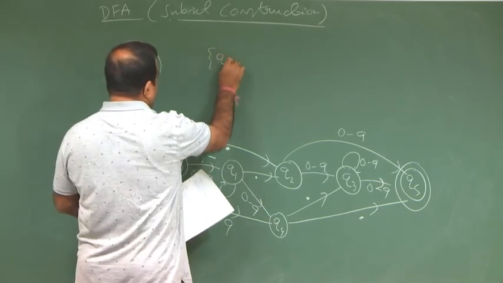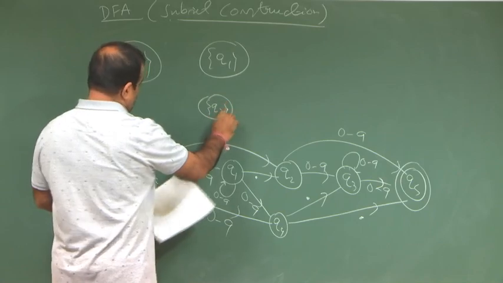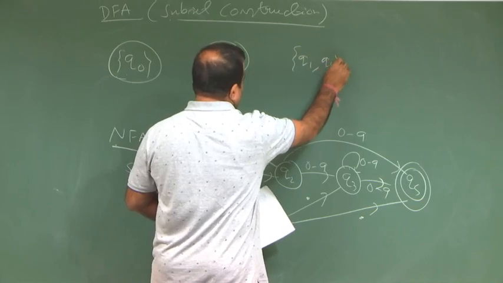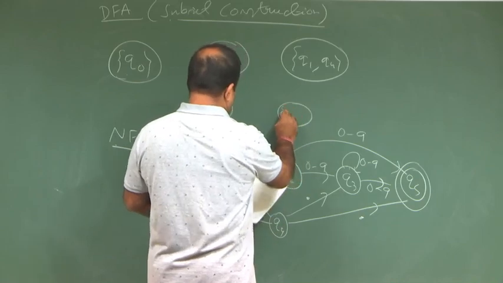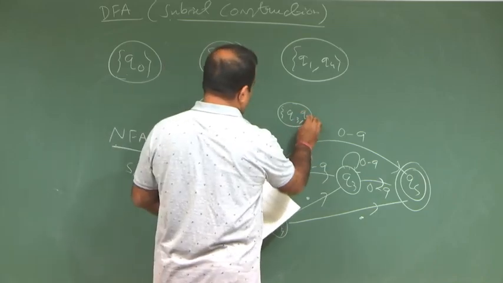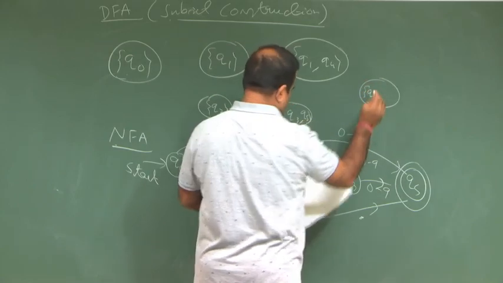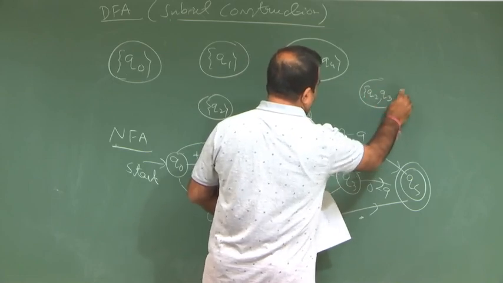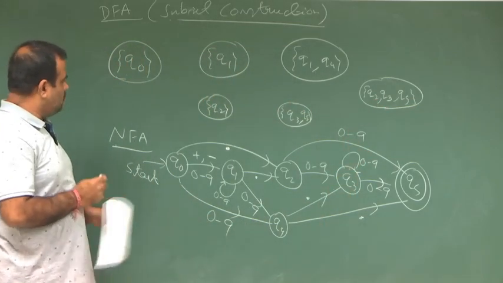So, Q0, Q1, these are the possible states we can go to from the starting state, and here Q1, Q4, and here Q1, Q3, Q4, Q3, Q5, and here we have Q2, Q3, Q5, Q2, Q3, Q5. So, these are the possible states we can go to from this.